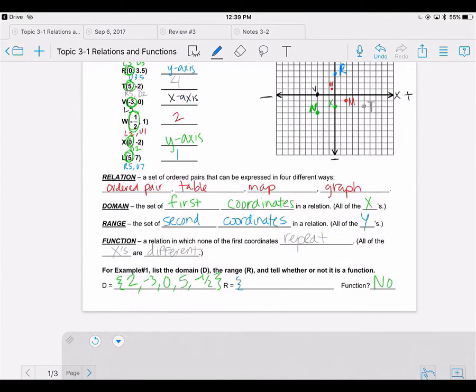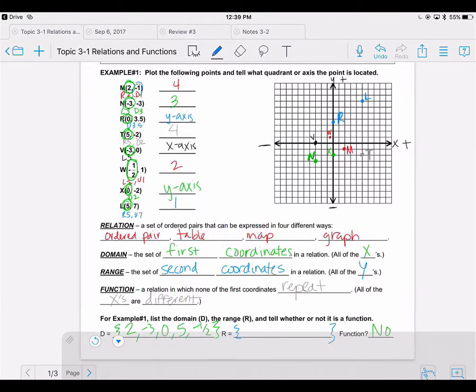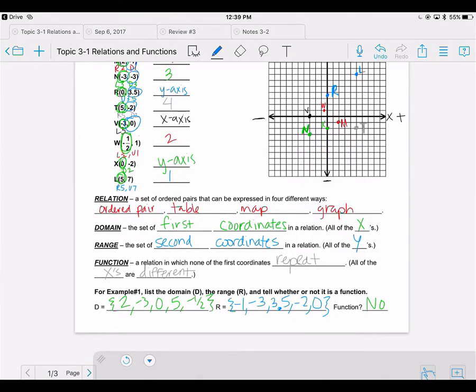My range is all of my y's, so my y's are -1, -3, 3.5, -2, 0, 1, -2 I've already written, and 7.